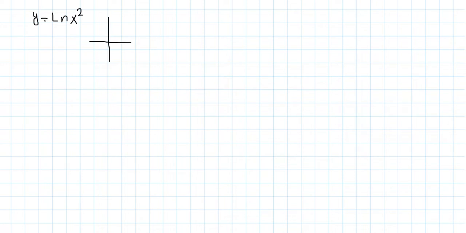If you see my previous videos, you can see ln x is this, and we know that ln x squared is an even function, so easily I should reflect it to the y-axis, so I can draw it now.